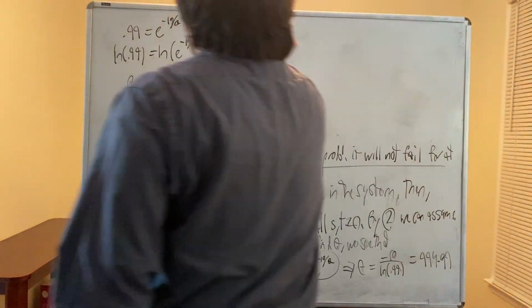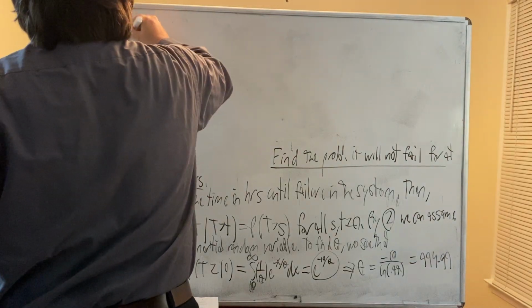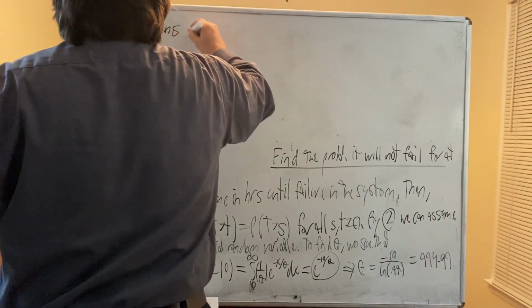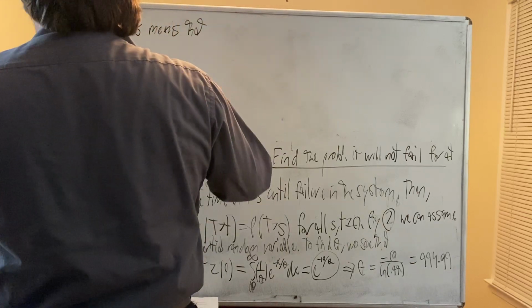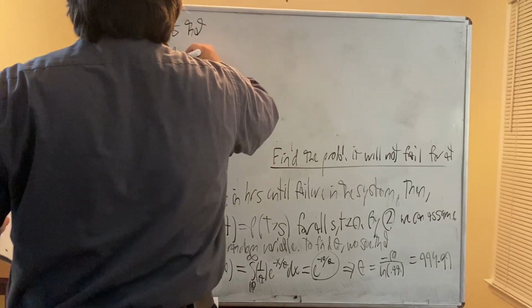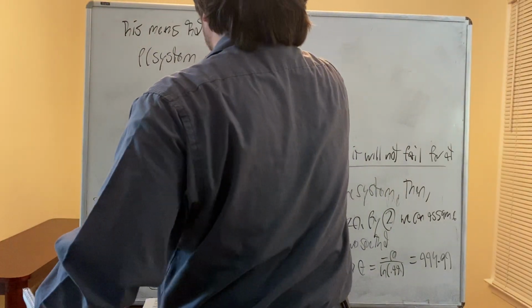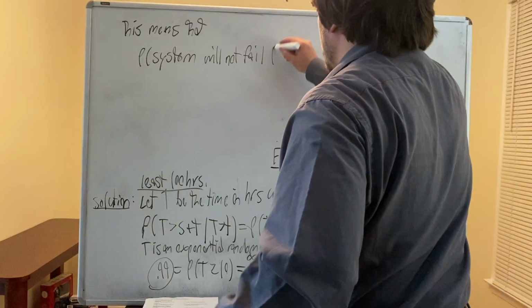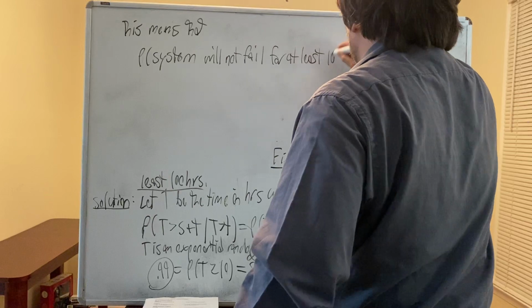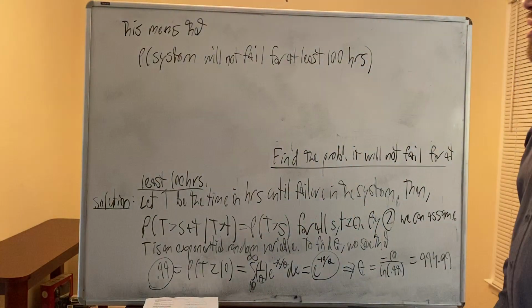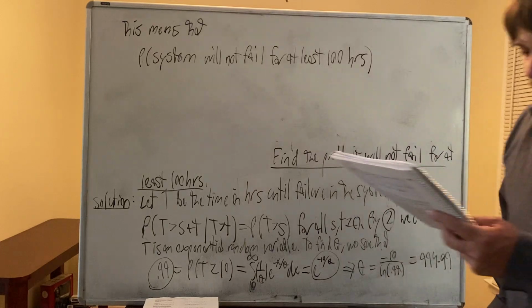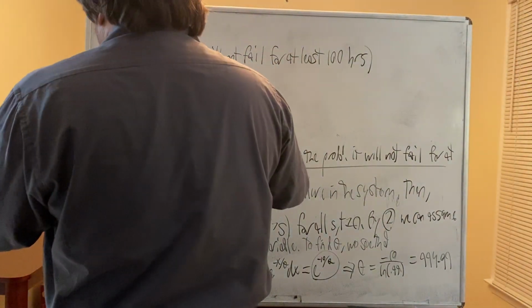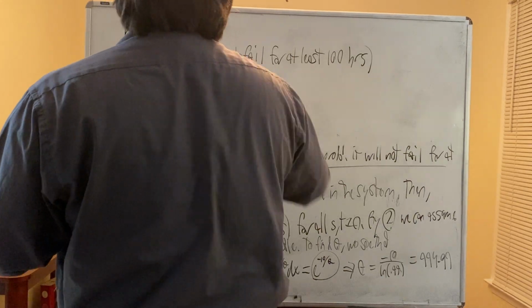Okay, and so now that we found theta, this means that the probability the system will not fail for at least 100 hours is equal to the probability that capital T is going to be greater than or equal to 100.